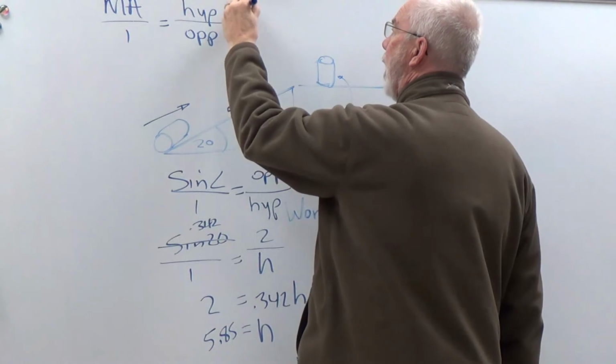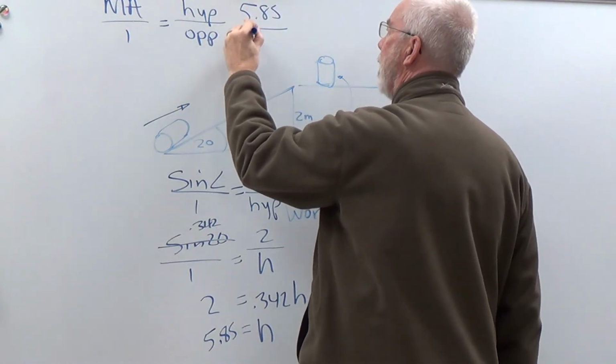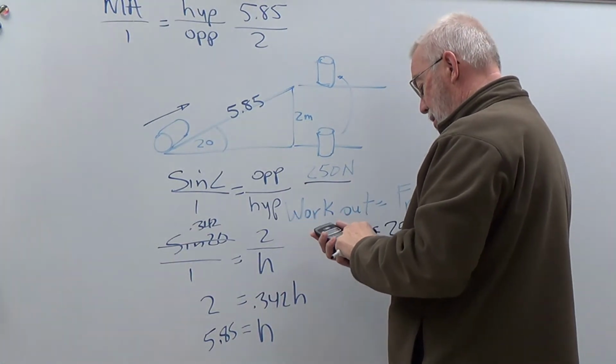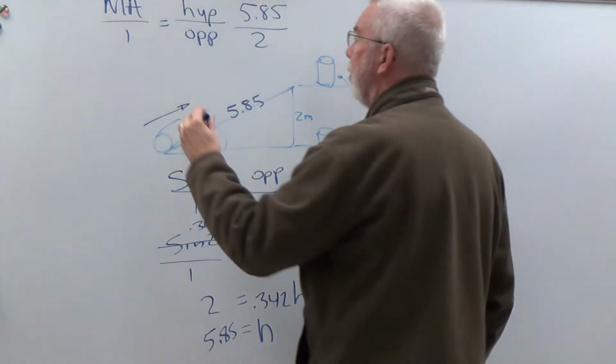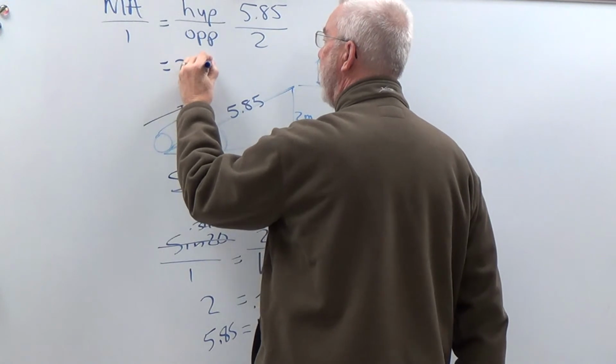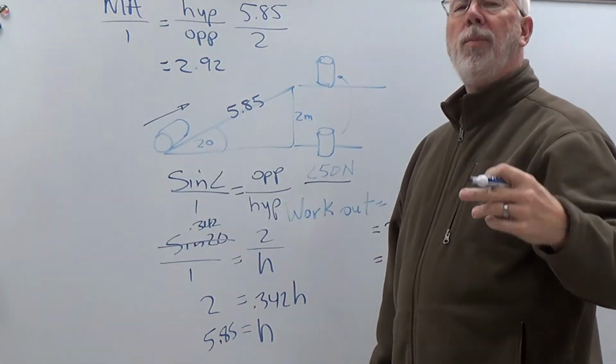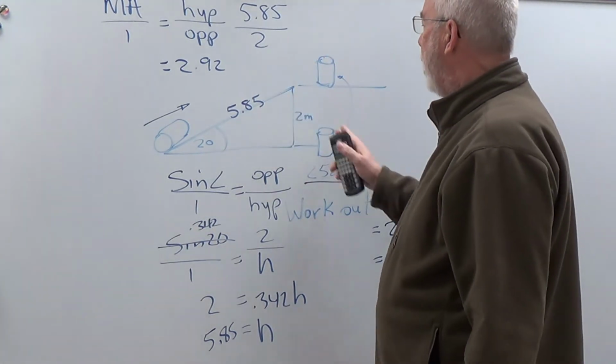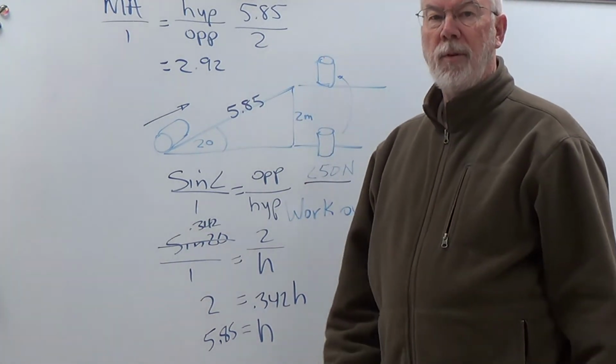So we have 5.85 divided by 2, and that's going to give us a mechanical advantage of 2.92. So it should be 2.92 times easier than if we had to just lift the barrel by itself.